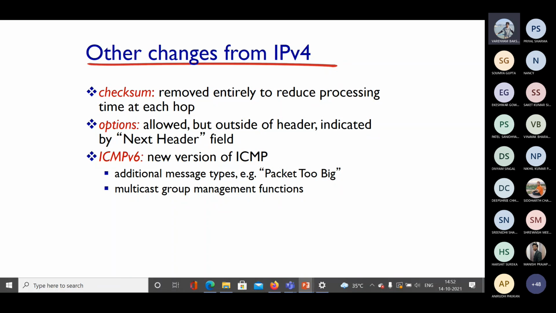You have some additional message types, like if the packets are too big, that kind of message can be transmitted. Why do we need this? Because here we are not allowing fragmentation. And then you have some multicast group management functions also, which are additional ones in ICMPv6.